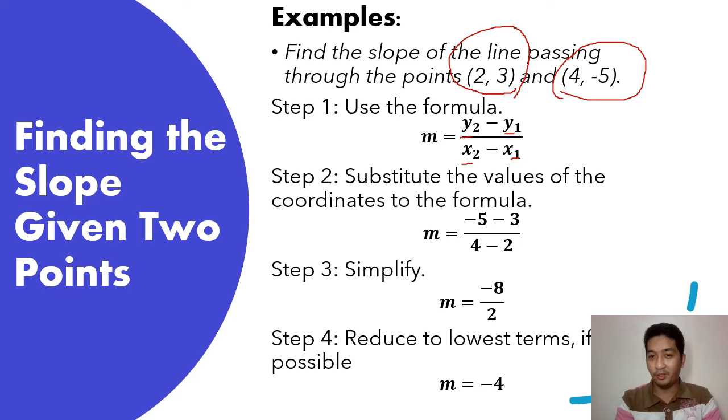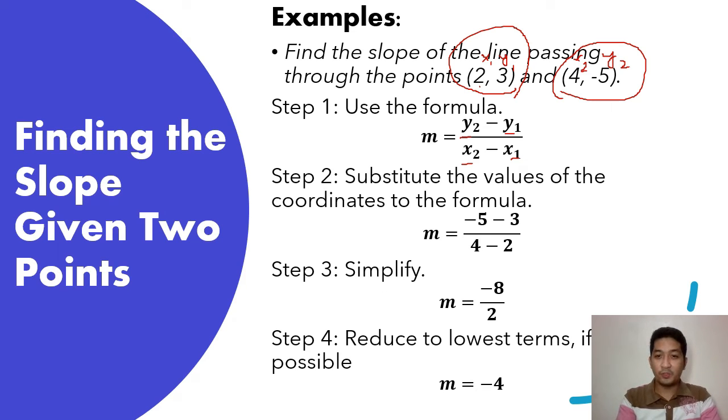The first number inside the parentheses is called the x value, and the second value is the y value. So 2 is x and 3 is y; 4 is x and negative 5 is y. Now, which one is sub 1 and sub 2? Let me repeat: which was mentioned first? (2, 3). So this is 1. And which is 2? The second one mentioned. Okay, now we will be able to use it.